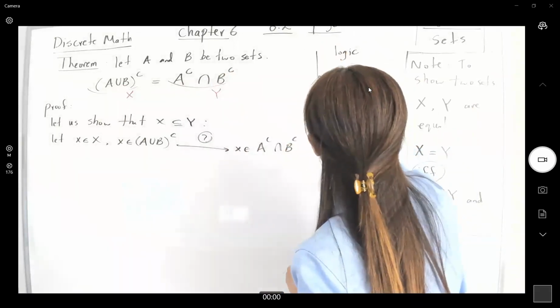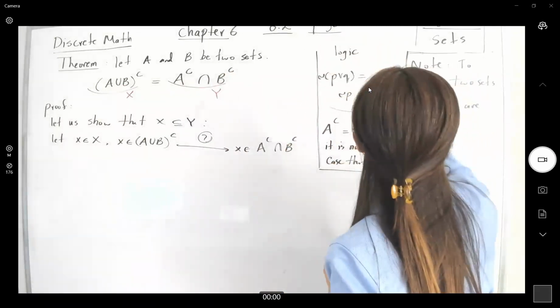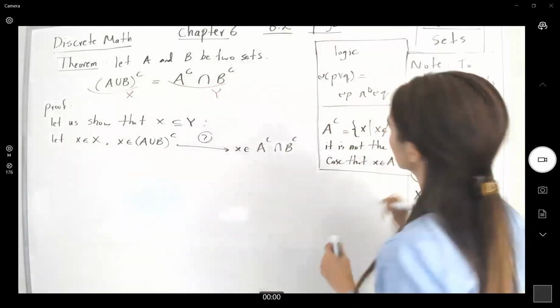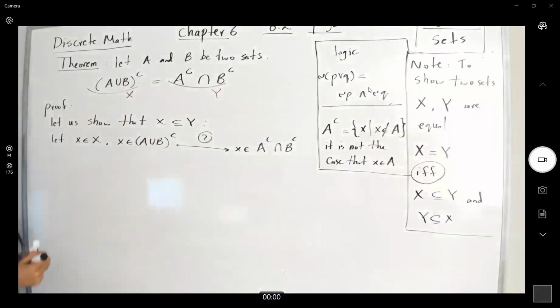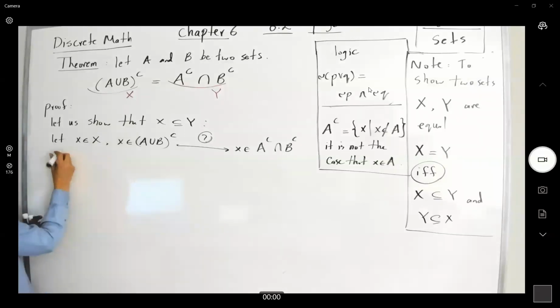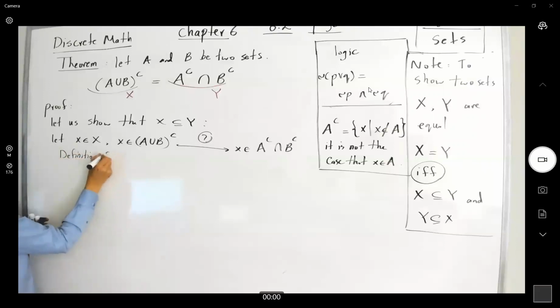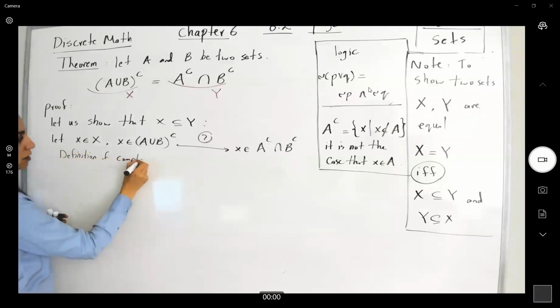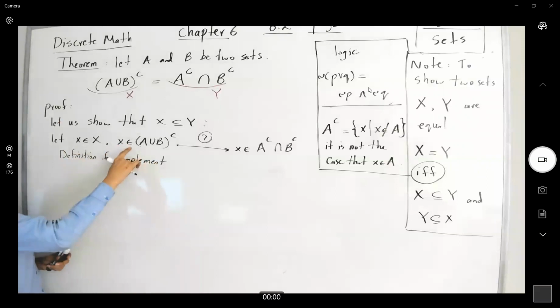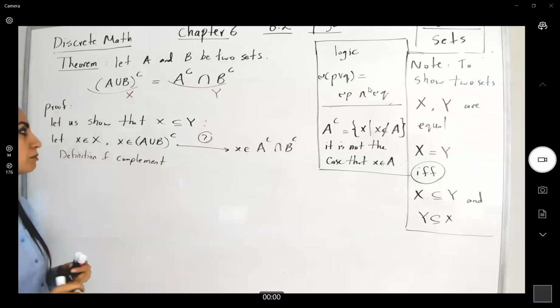So let me just separate these. Okay. Direct definition, the definition of complement. So what does it tell us? It tells us X belongs to A union B complement. What's the meaning of that?